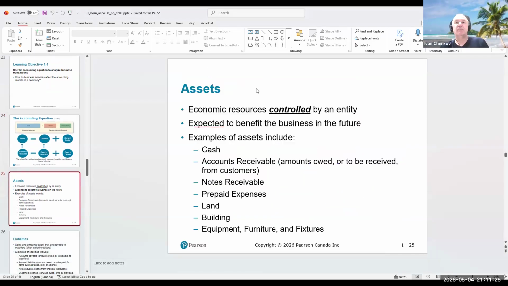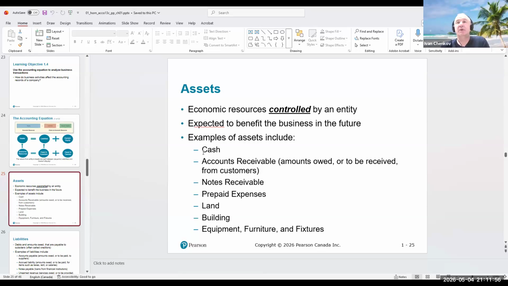Again, assets are the economic resource controlled by the entity, which the entity expects to generate benefits in the future. What will be the benefit in the future? Revenue. The only reason I need those assets is to generate revenue, because if they're not generating revenue, I'm not going to have income. If I don't have income, I cannot pay the liability or pay the investors what they want.